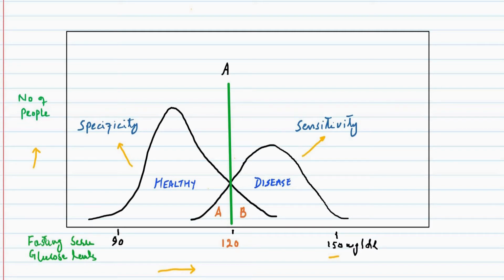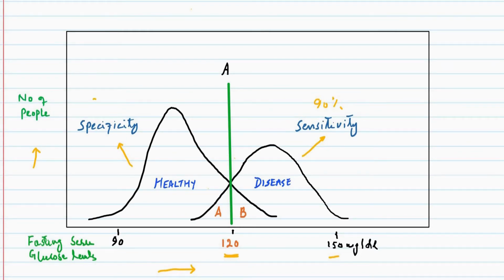In this case, suppose we have decided to have the threshold point at 120 milligram per deciliter. We can see at this level around 90% of people with disease are correctly identified and sensitivity is 90%.